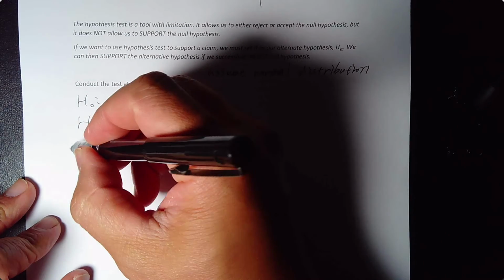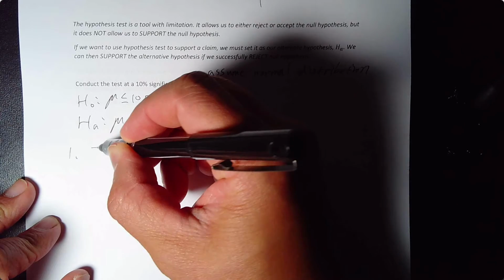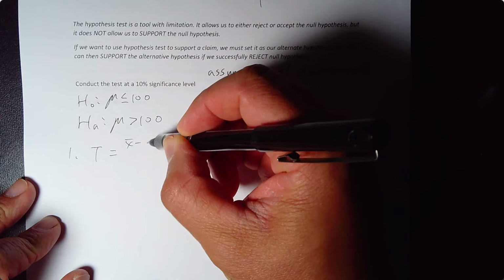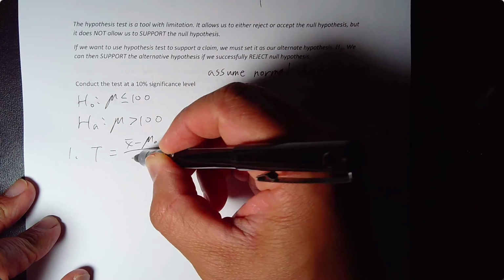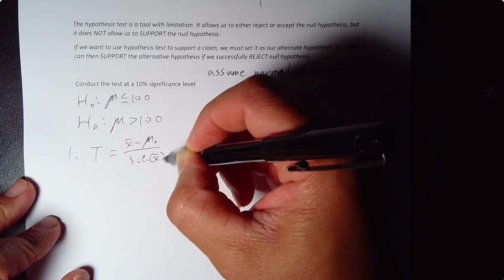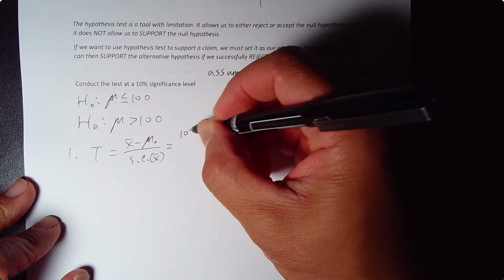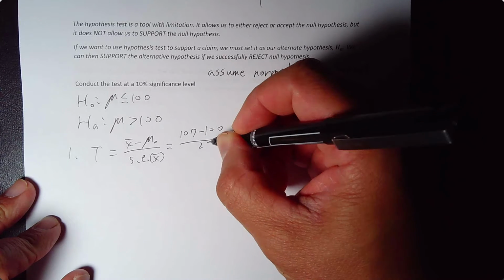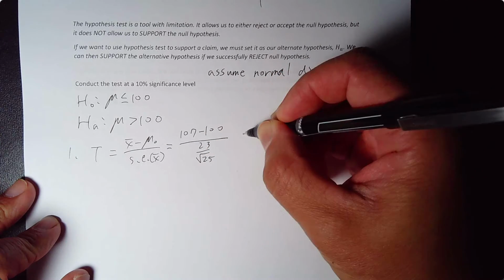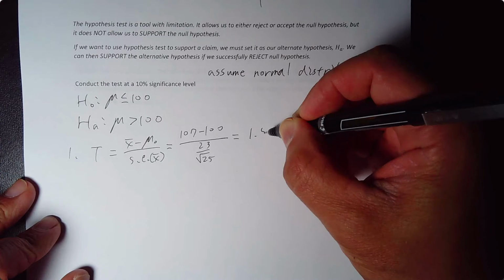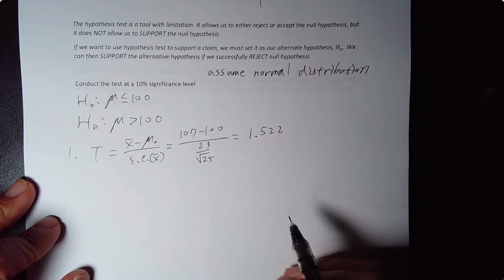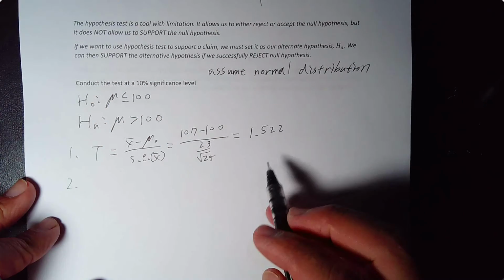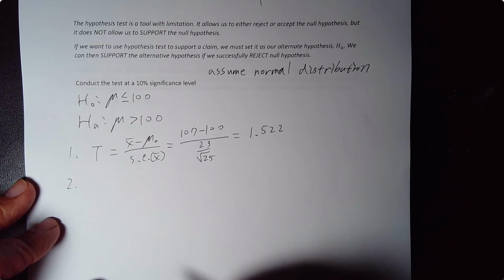And the first step you always want to do is calculate the test statistic. I'm going to go ahead and plug it in here. And that comes out to 0.522. Okay. Second, I want to find the critical value which to compare this test statistic with.